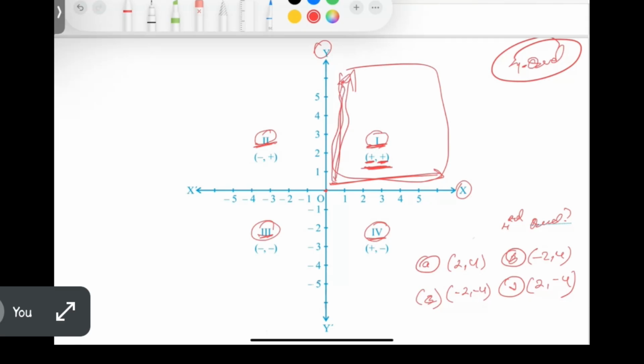Now let's check quadrant 2. In quadrant 2 this side is minus, because x is negative here. That means the value of x will always be negative in the second quadrant.